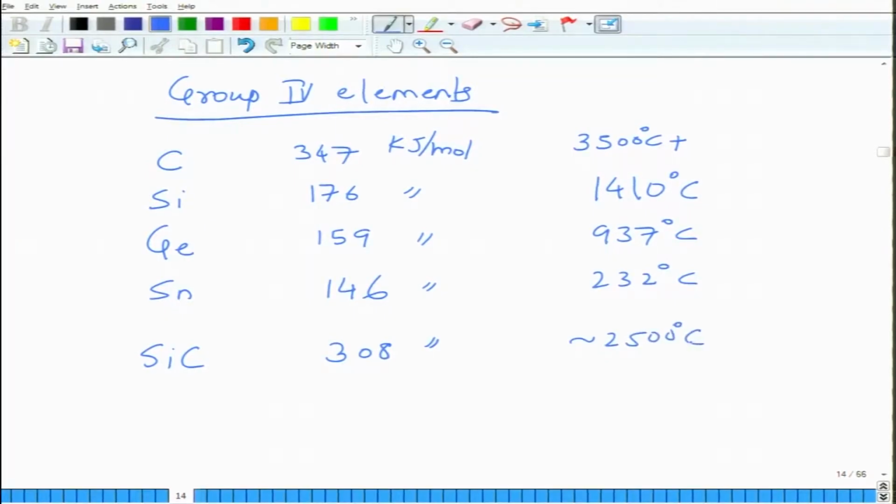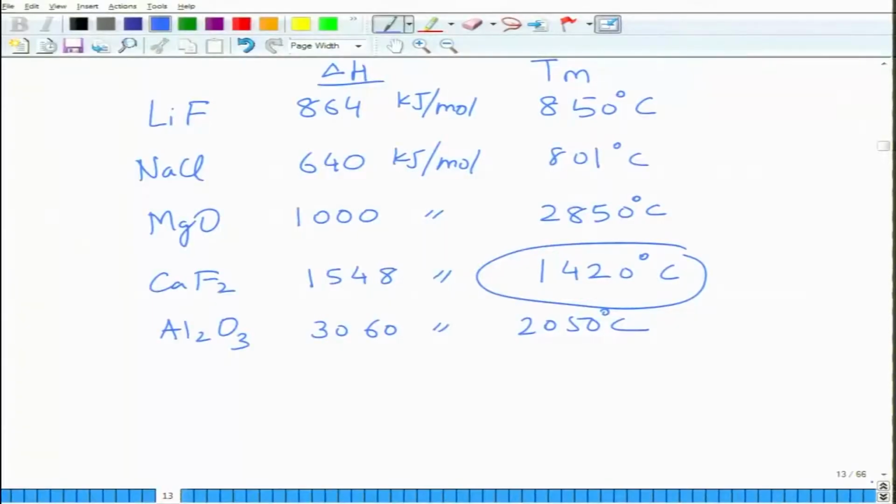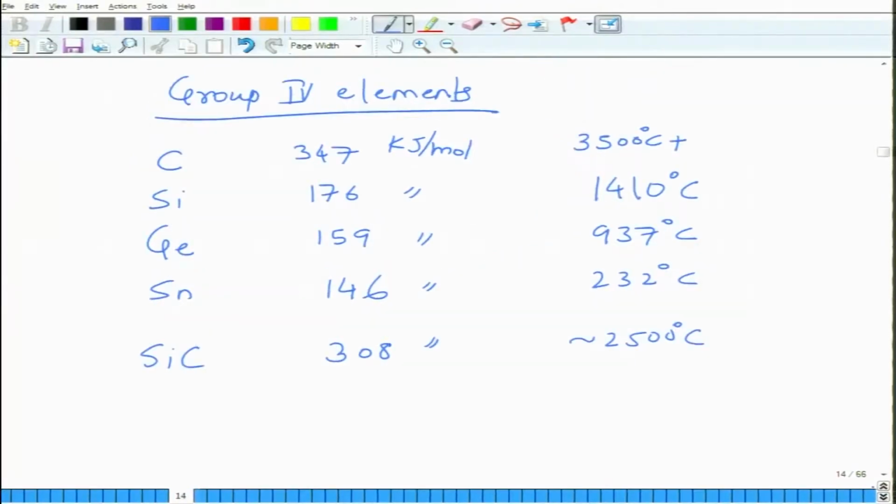So you can again see the compounds which have lower bond energy have lower melting point, and this is true if you compare the values with these as well. Of course, this is enthalpy of atomization, not exactly the bond energy, but it is related to that, and the trend is fairly similar. What you get there is also true here.